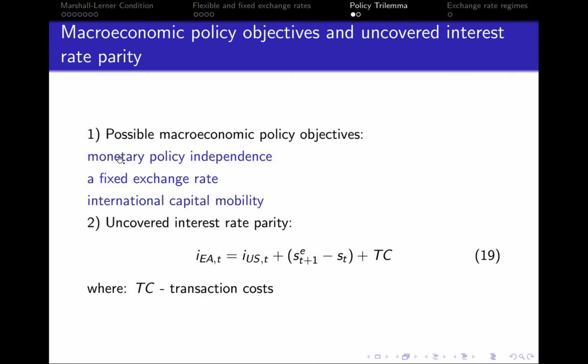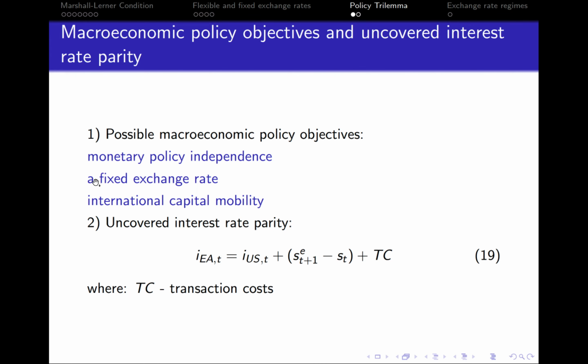So we can use monetary policy to affect the situation in our economy. Which, of course, if we have a situation when we, for example, have very high unemployment, is a very desirable thing to have at your disposal.